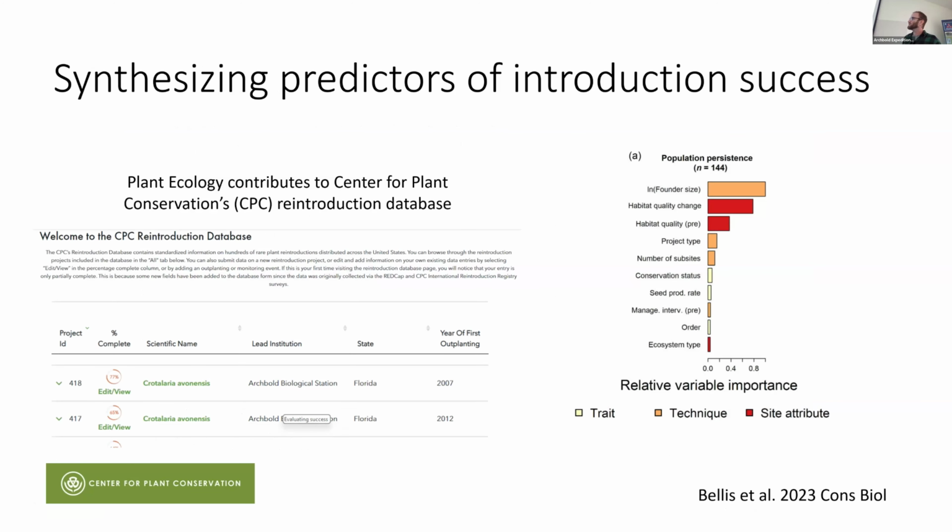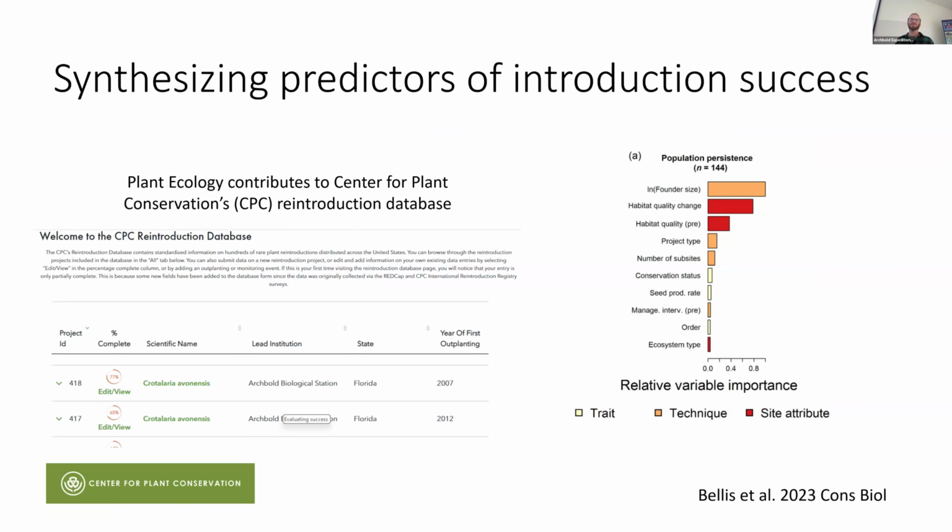So we also can scale up some of our work to more global meta-analyses. The plant ecology program contributes to the Center for Plant Conservation, or CPC's, reintroduction database. Liz Gandy gave a nice introduction to CPC a few presentations ago. But this is just a screenshot of the portal.